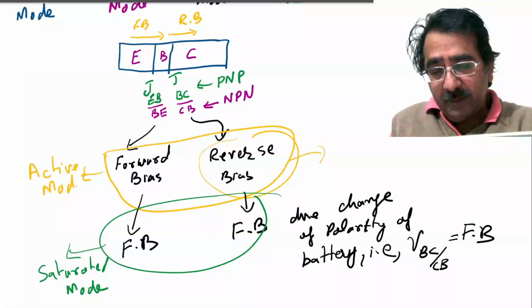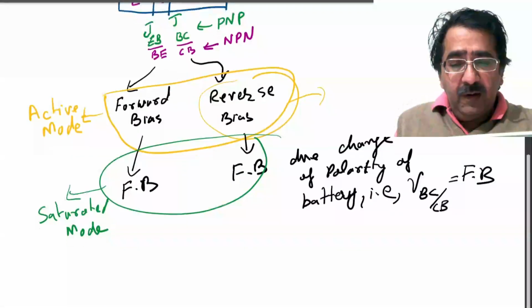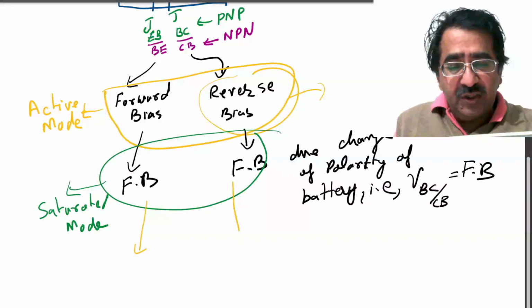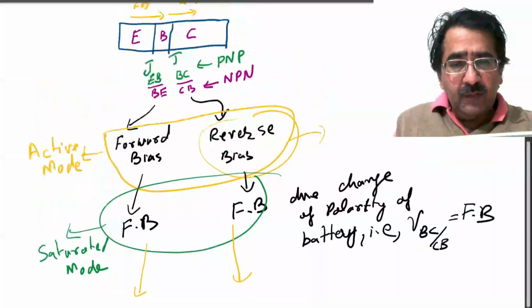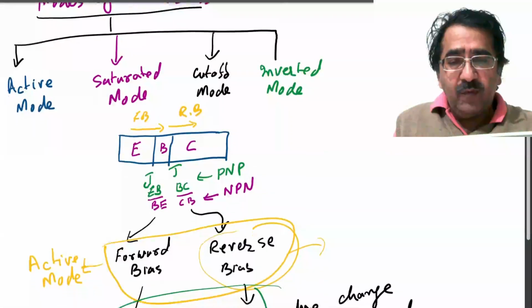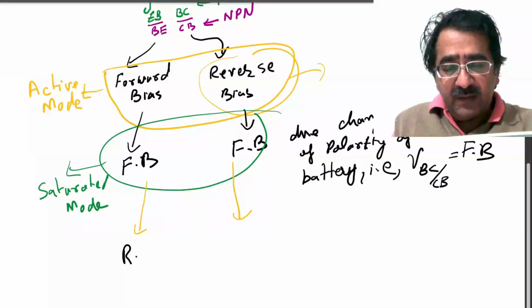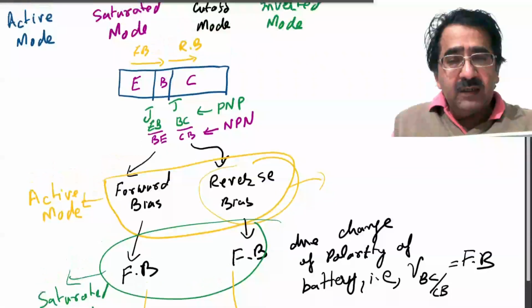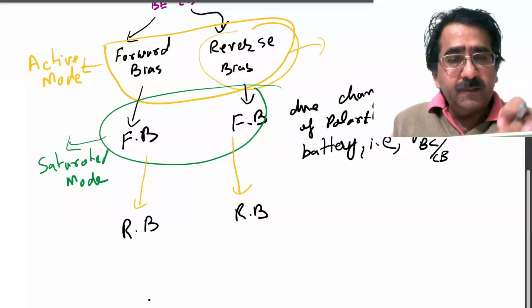Okay. But if I change both junctions into the cutoff mode, if both are reverse bias, I mean if this becomes a reverse bias, EB becomes also reverse bias, and this becomes also reverse bias, then both junctions will be reverse bias, so no current will flow in this case.